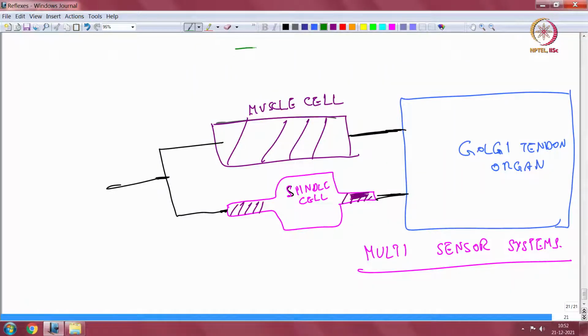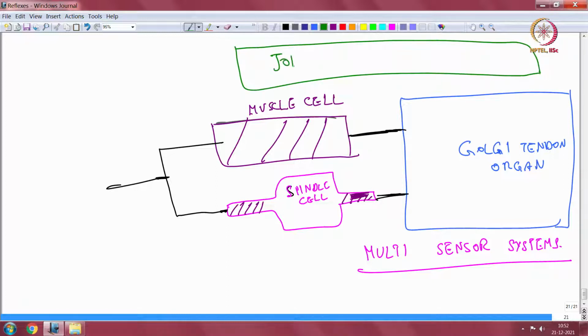So, at the same juncture I highlight another sensor system, which is the joint position system. Basically both the Golgi tendon organ and the muscle cells are fixed to bones. And obviously for the muscle to act, it has to be between two mobile bones. If you have a fixed bone and muscle attached to it, there is no purpose of the muscle being served.